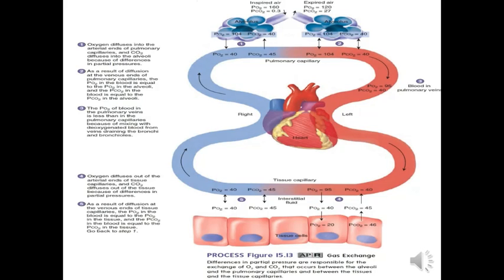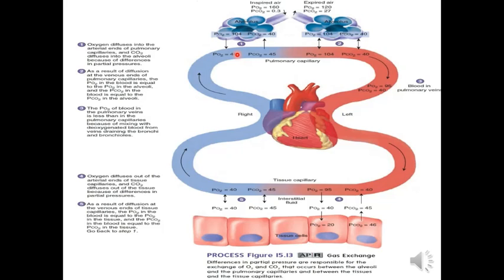We can see from this diagram that the lung or alveolus has a high partial pressure of oxygen compared with the partial pressure of carbon dioxide. Because of the high partial pressure of oxygen in the alveolus, the oxygen will diffuse into the blood capillaries.